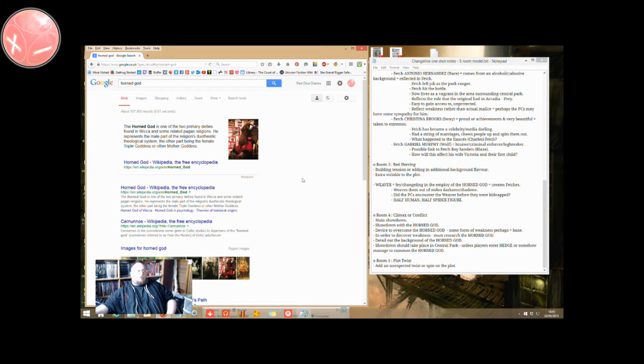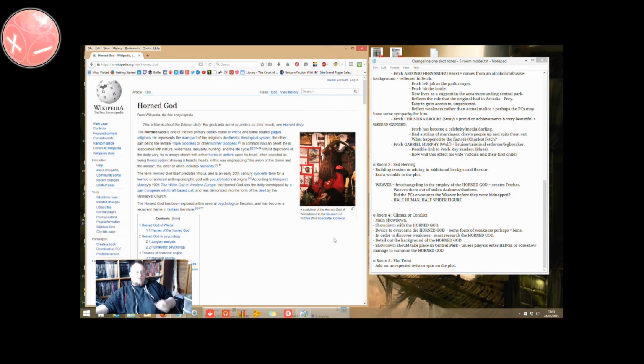So that we can see the Horned God is one of the two primary deities found in Wicca and some related pagan religions. Represents the male part of the religion's dualistic theological system. So let's have a look at the Wikipedia page, see what else we've got. So associated with nature, wilderness, sexuality, hunting and the life cycle.